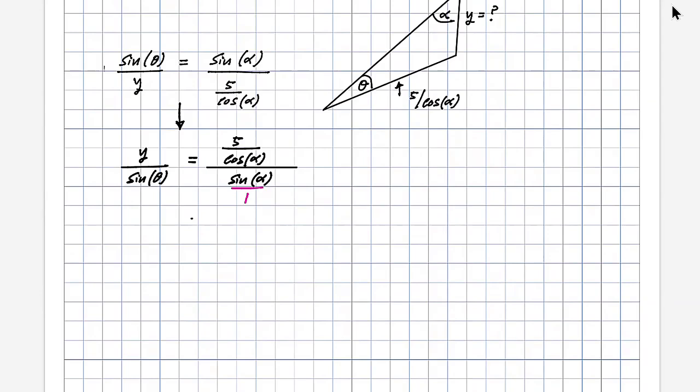So this one is nothing but 5 divided by cos alpha multiplied with 1 divided by sine alpha. This simplification is a known simplification. Right? So when you go to grade 6, 7, this is like a divided by b divided by c divided by d. This is nothing but a divided by b multiplied with d divided by c. This is a known fact from grade 6, 7.